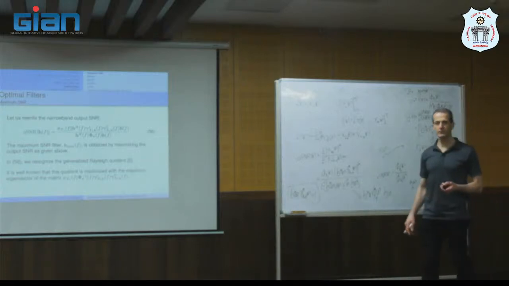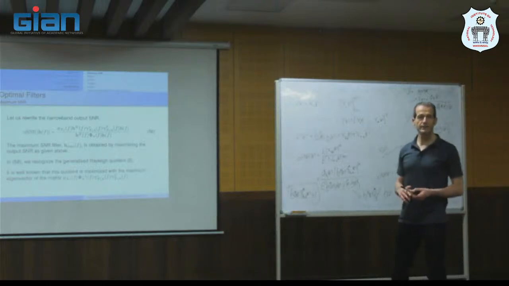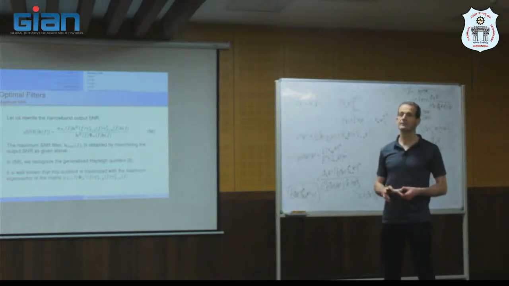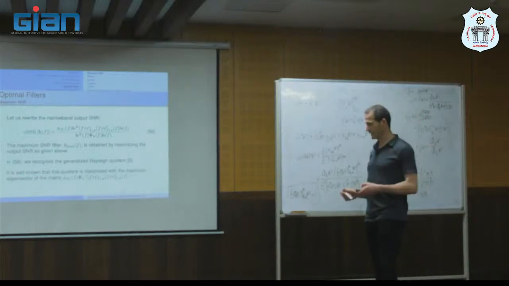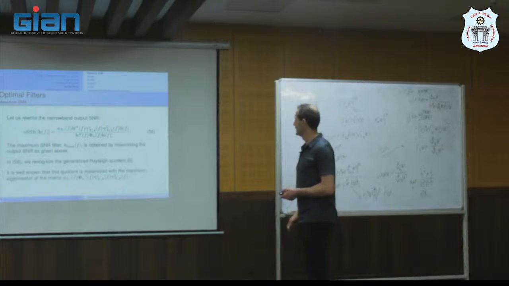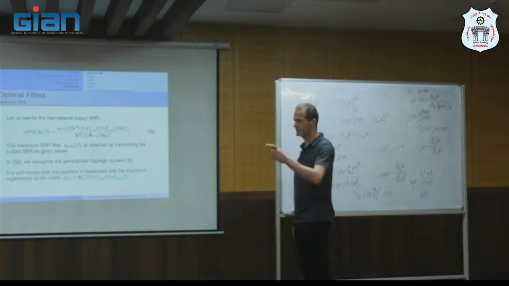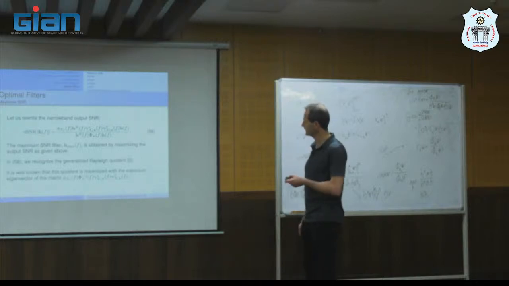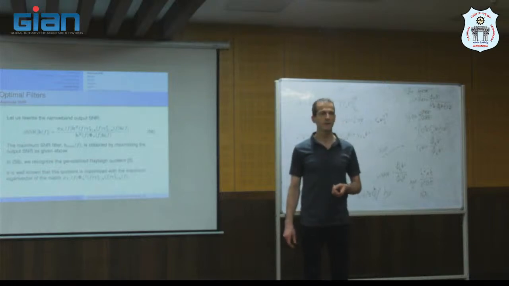By the way, if you are not familiar with that, it's a nice exercise to prove it, okay? If you're also looking for a nice proof, which is a few lines, it's in one of the textbooks of Van Trees, Optimum Array Signal Processing.